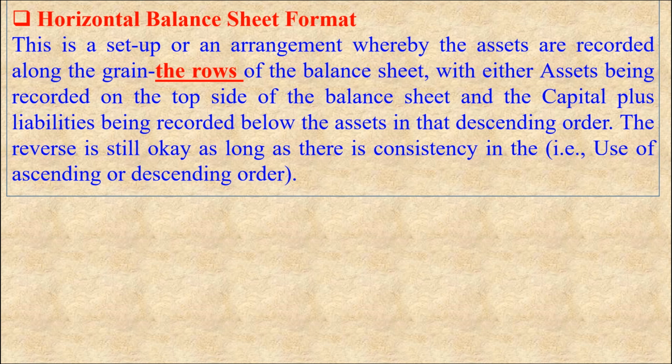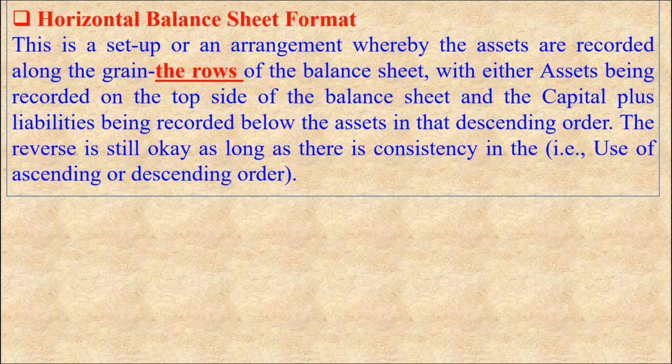Now, this is a setup or an arrangement whereby the assets are recorded along the grain. In other words, along the rows of the balance sheet, with assets being recorded from the top, followed by capital and the liabilities below them, or we can have a reverse of it.